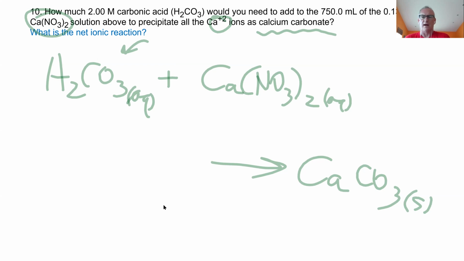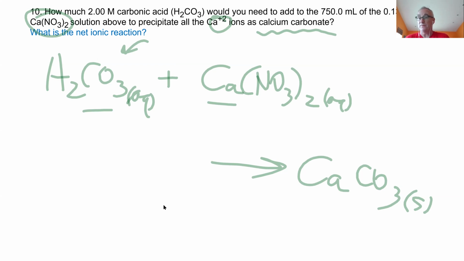So, do we have a balanced reaction here? No. Why not? Wait. Yes. Yeah, we do. There's 1 mole of carbonate ion, and there's 1 mole of calcium ion.